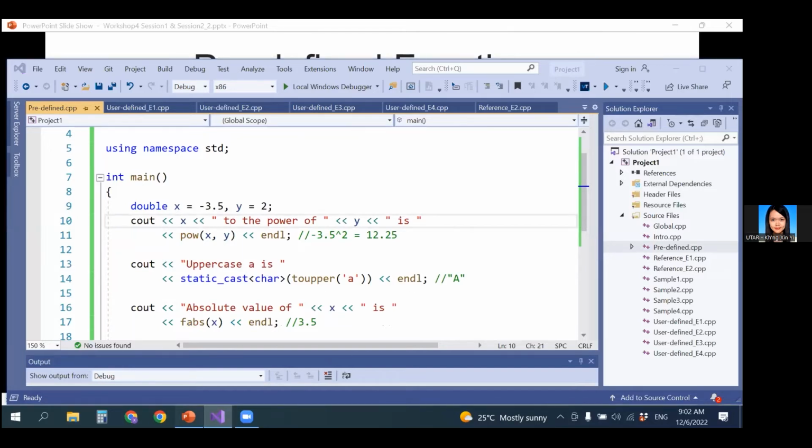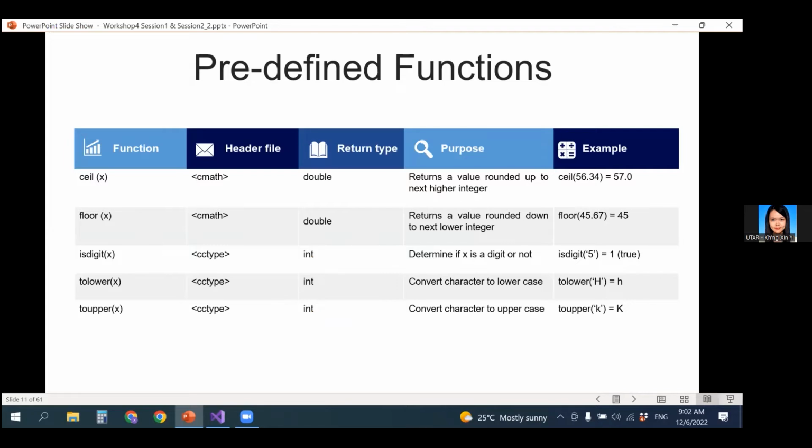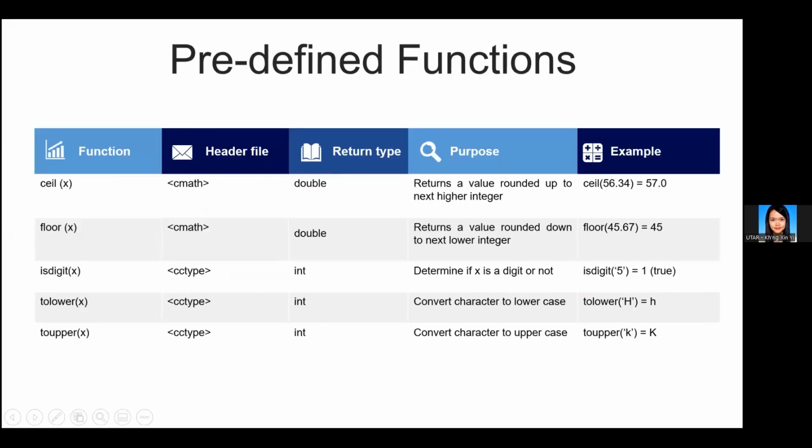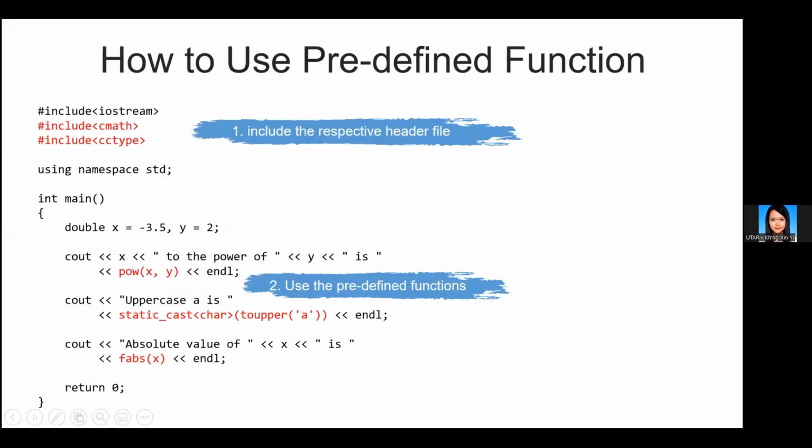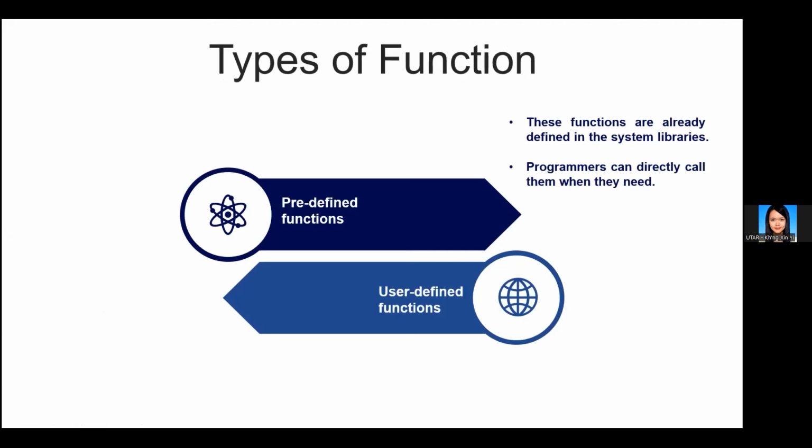And then we go back to our slide here. The next one, we are going to move on to discuss the user-defined function. We are allowed to define our own function to reduce some complexity of a big program.